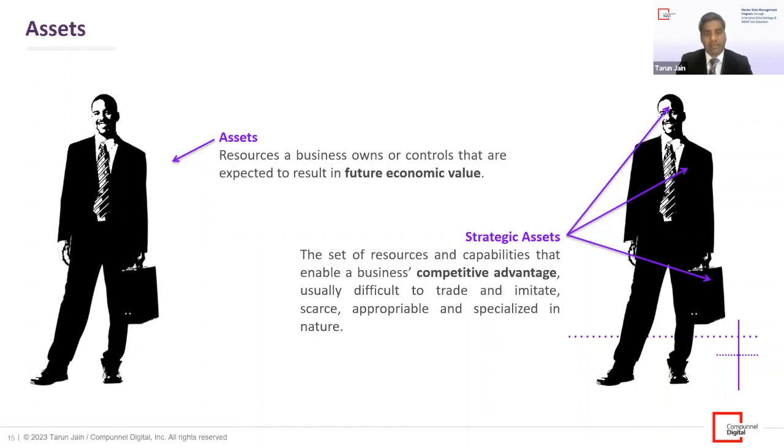The data essentially becomes a strategic asset for your organization. A strategic asset is a set of resources or capabilities where your business gets a competitive advantage. And it's usually difficult to trade and imitate. And essentially, it's important to understand in today's organization that having good quality data is a strategic advantage.